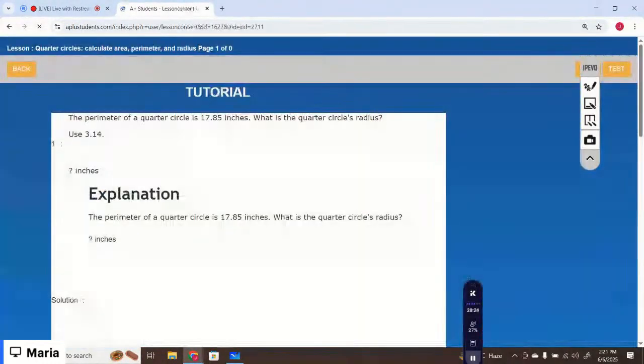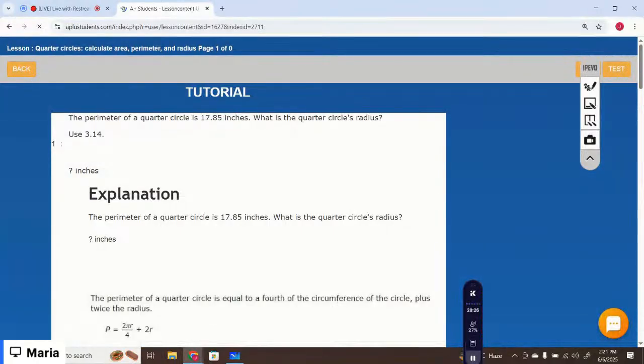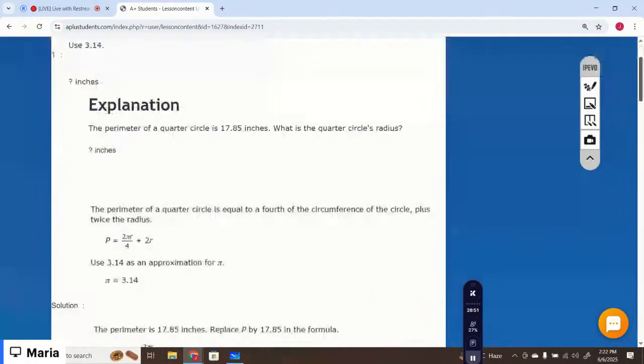Water circles. Calculate the area, perimeter, and radius. The diameter of the water circle is 17.85 inches. What is the water circle's radius?